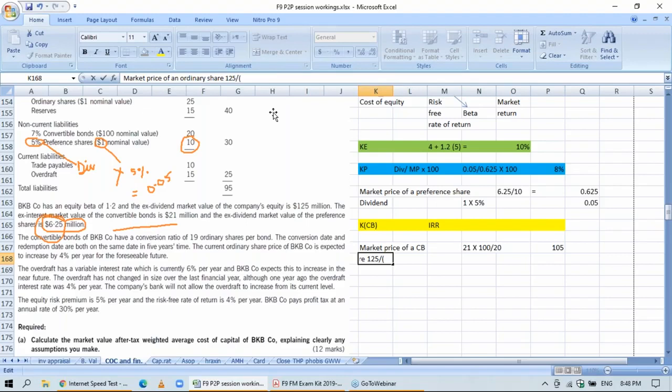So 25 million are the number of shares which are present. So if you divide, you will get the market price of one ordinary share. So 125 divided by 25 gives you market price of one ordinary share, which is $5.